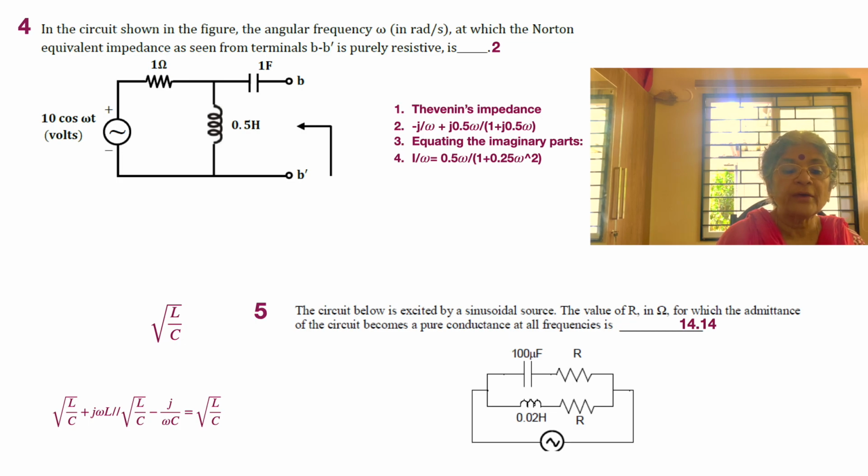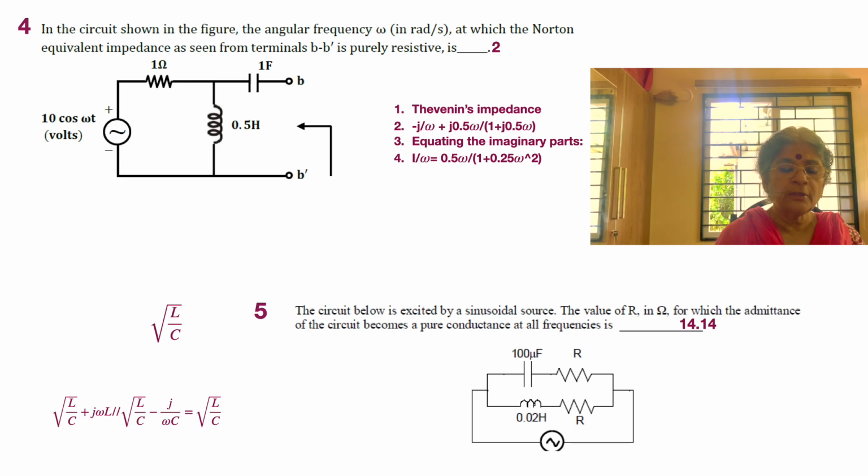Why? Because 0.5 multiplied by 2 becomes 1. Similarly, 0.25 multiplied by omega square, which is equal to 4, again gives you 1. So 1 by 2 on both sides. So even without solving, you can substitute and see what the good values are. Okay, moving on to the next problem.